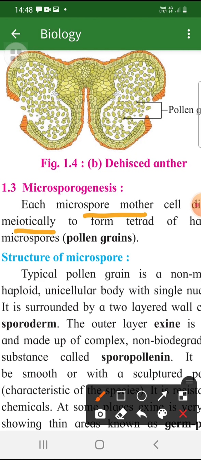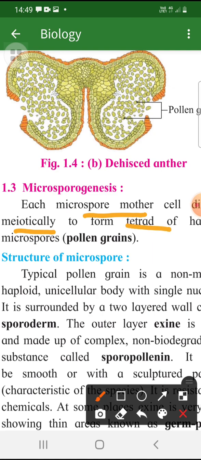meiosis, right? We have already done cell division in three parts: amitosis, mitosis, and meiosis. So here we are talking about meiosis. So one mother cell, that's microspore mother cell, will convert itself into 4 pollen grains. That's what it says, 4 microspores. That's a tetrad of haploid.